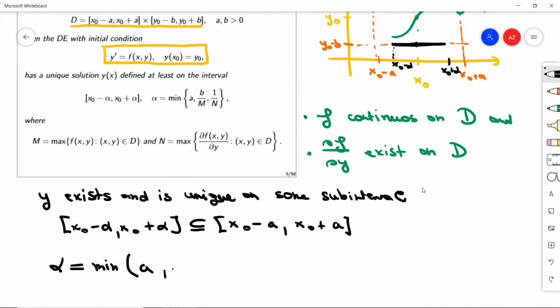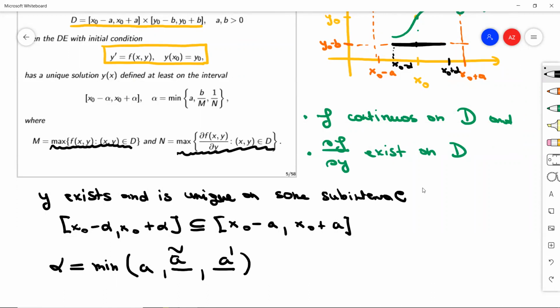And then we also have two other bounds. I won't write them again because they are written on the slides. One bound depends on the maximum of the function f, and the other bound depends on the maximum of the derivative of f with respect to y on this rectangle D. So let's say a tilde and a prime.